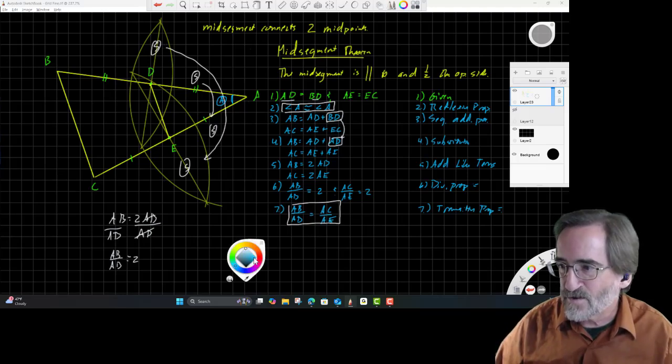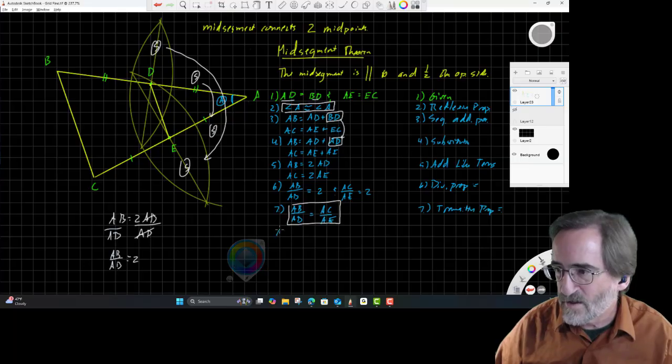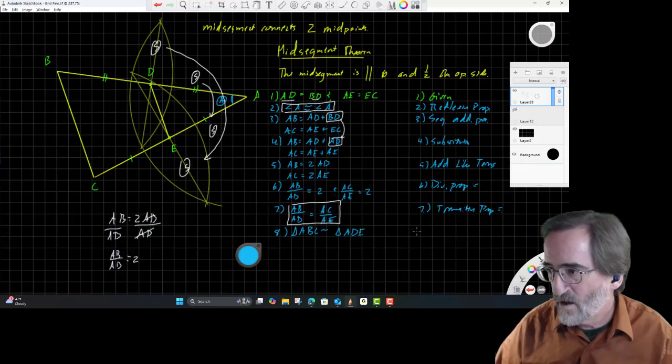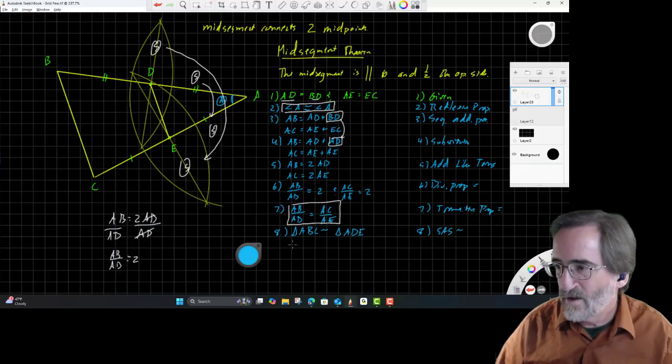So the triangles are similar. So 8, triangle ABC is similar to triangle ADE by side angle side similarity. Now we've got it.